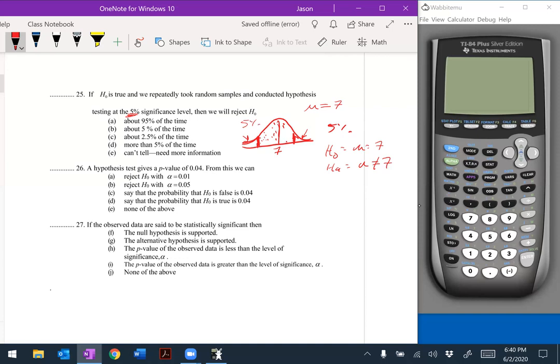To reject the null means that we are in that 5% region, where our x-bar is too skewed. So we would falsely reject only 5% of the time. There's a 5% chance that we could be wrong and a 95% chance that we're right. So we would reject about 5% of the time.